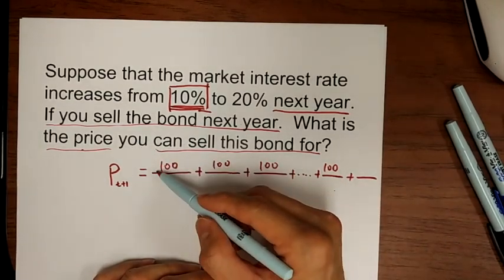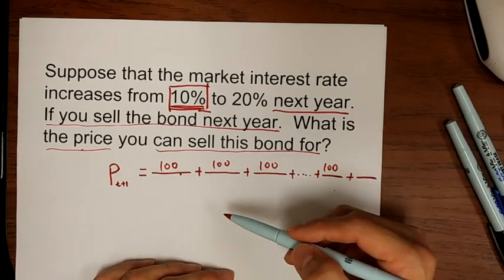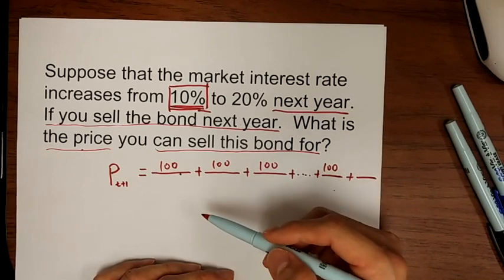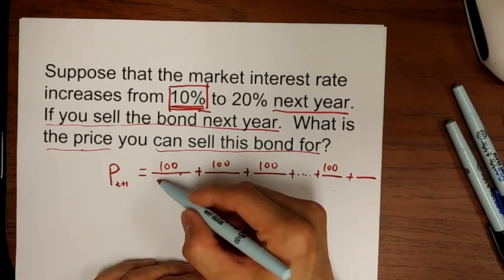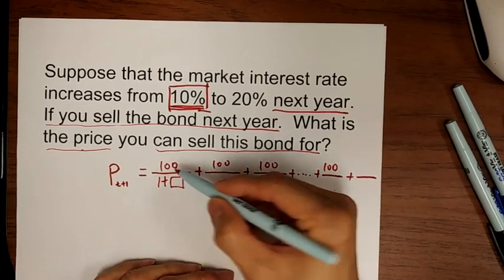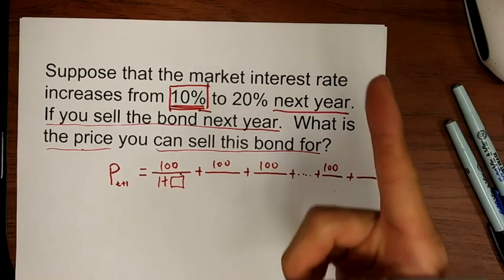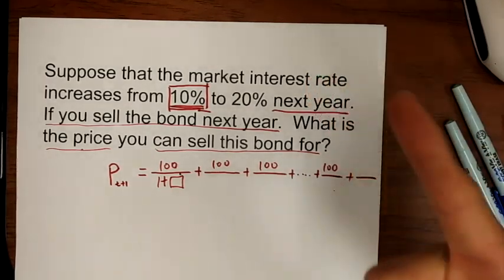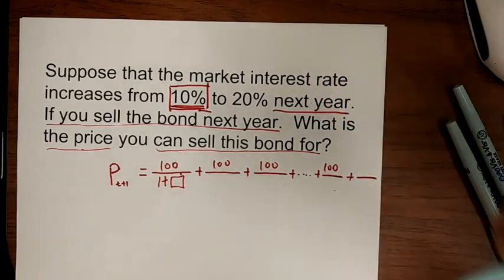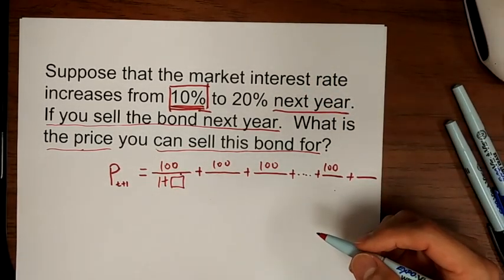He is going to get the first coupon payment 2 years from now, and he is buying this bond next year. Therefore, you discount the first coupon payment once. His first cash inflow is $100 the year after, so you discount this once.